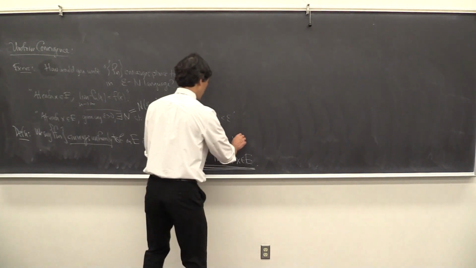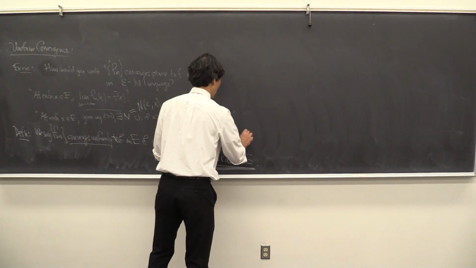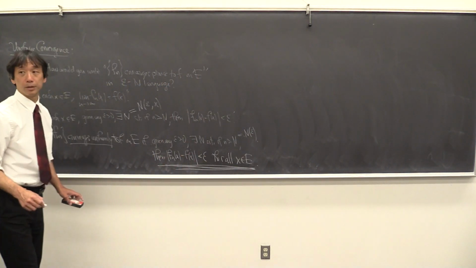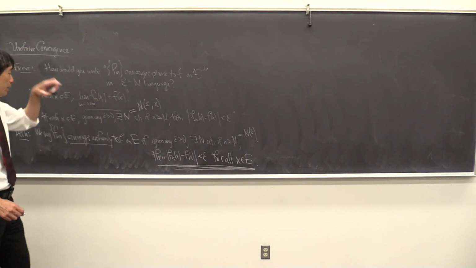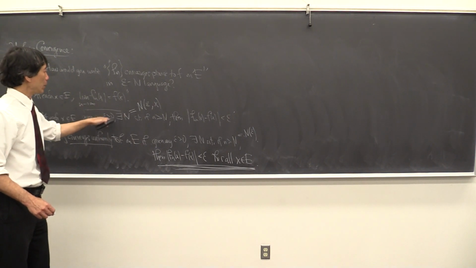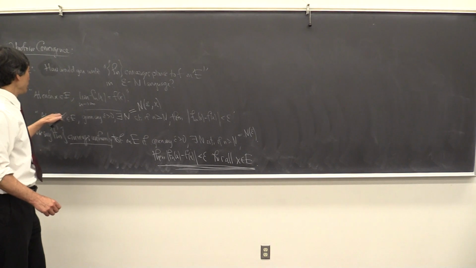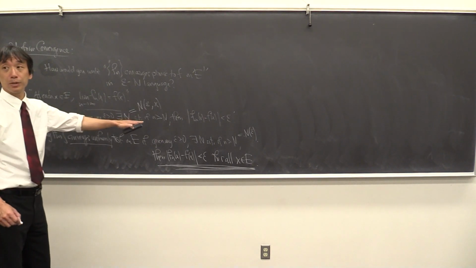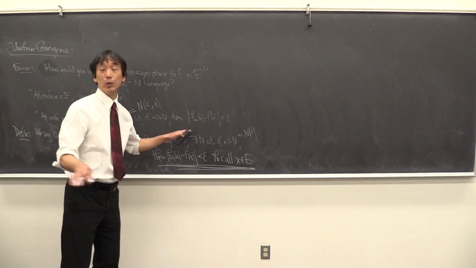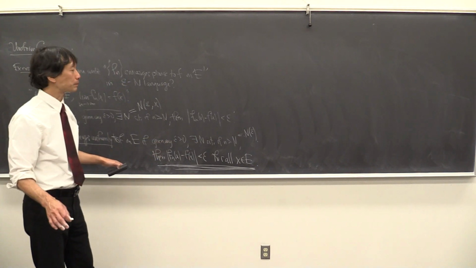This is a very, very different condition. Here what we're saying is that there's an N that works for each point, and here what we're saying is that there's an N that works for all points.